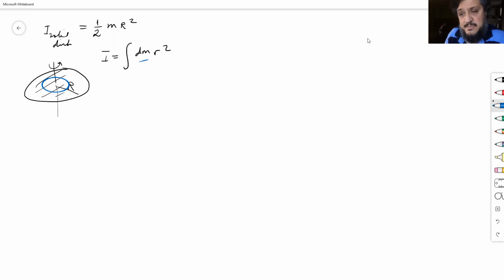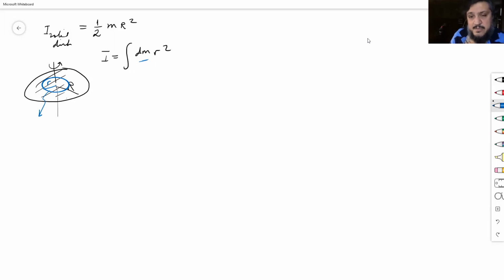That's one option, and this works because I know that the moment of inertia for that blue part only, which is of radius r and some mass, is dm times r squared.